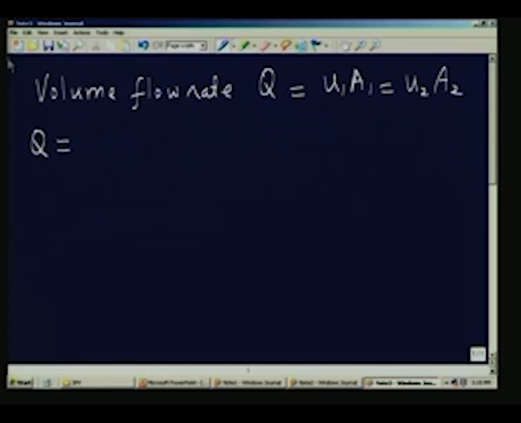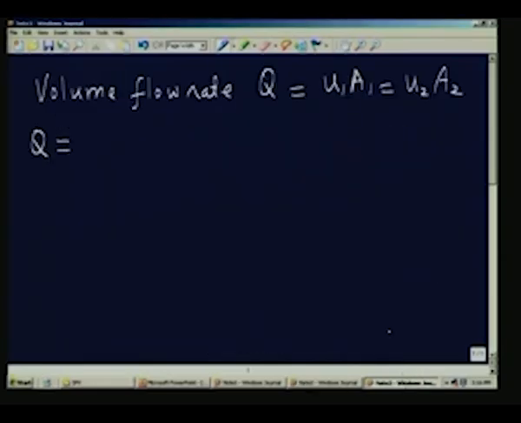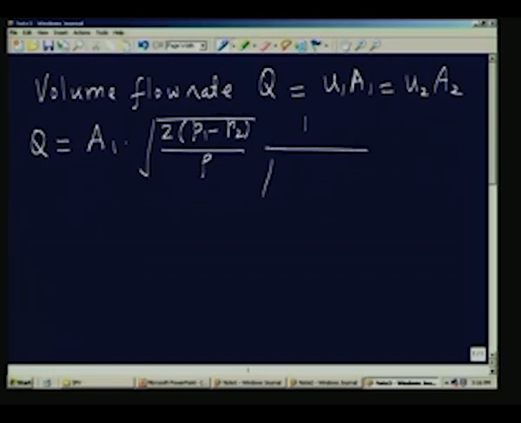Solving for U1 in terms of the other quantities and substituting, A1 multiplied by U1 is square root of 2 into (P1 minus P2) by rho, which is from equation number 3, multiplied by 1 over square root of (A1 divided by A2) whole squared minus 1.